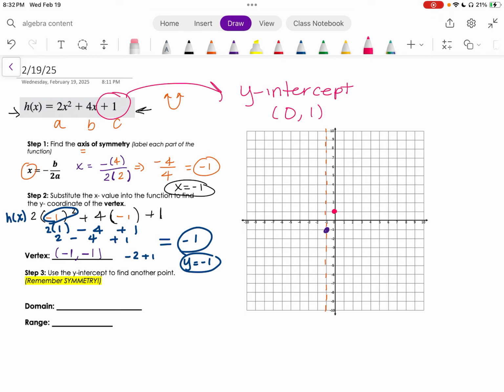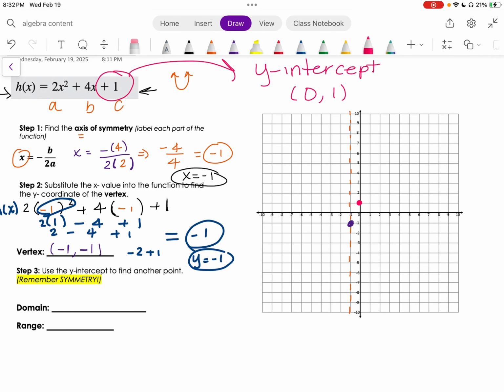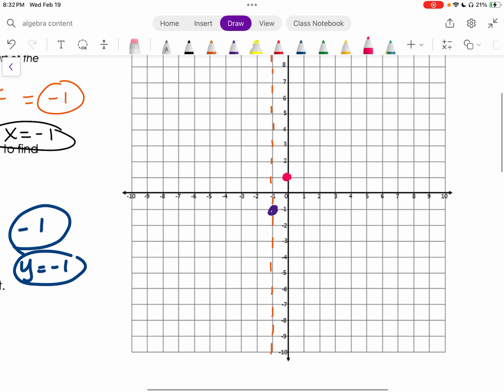Now, in order for us to actually have a parabola shape or a U shape, we need to have a point to the right and then a point to the left of your vertex. So how are we going to get this point? Down in step number 3, where it says remember symmetry, I want us to look at our graph. I'm going to zoom this in, and we're going to count how far our first point is from our axis of symmetry. So if we look carefully right here, from the axis of symmetry, the distance is 1 unit.